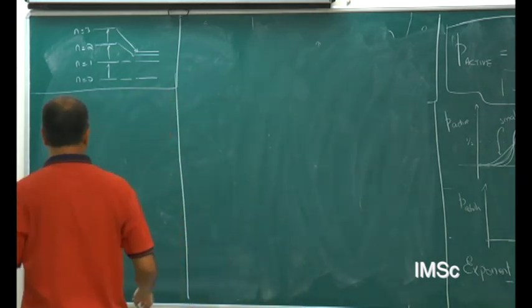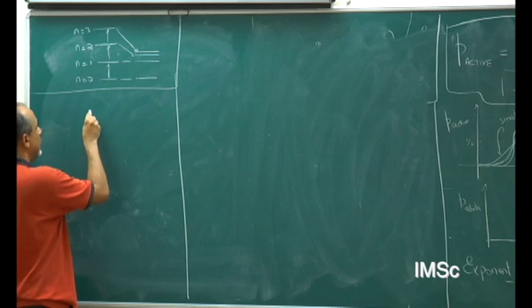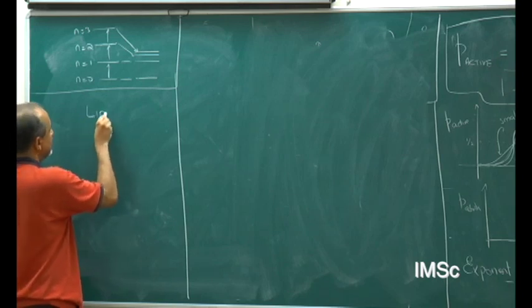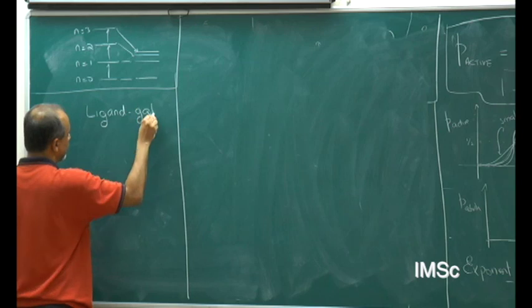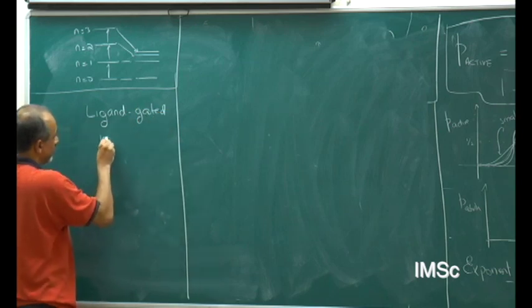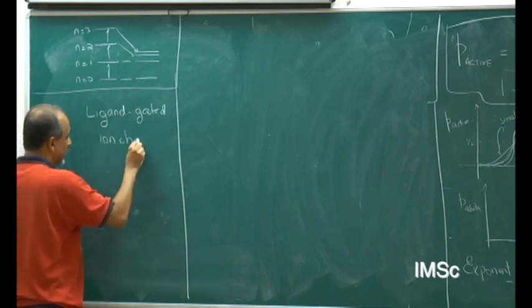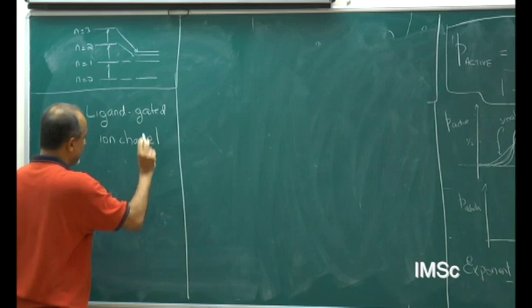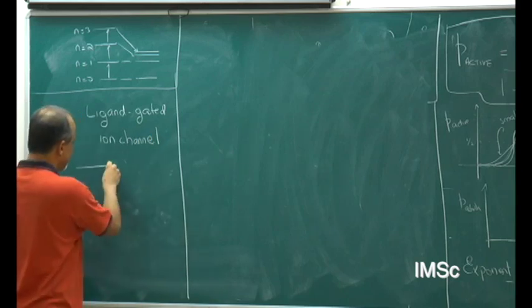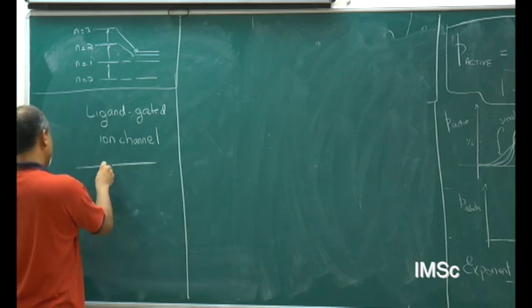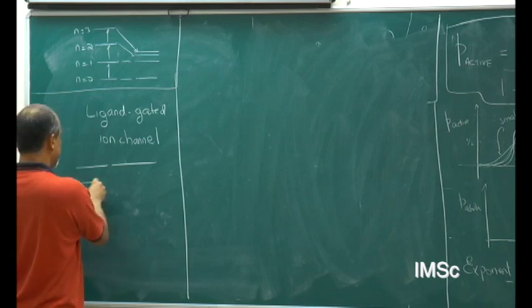So the one example that I wanted to show you was something called a ligand-gated ion channel. And either I or someone else will discuss ion channels in some detail. But ion channels are present in the cell's membrane. So this is a bilayer membrane. And this is just a molecule that sits here.